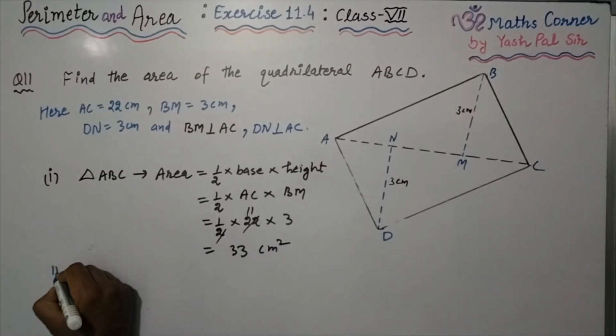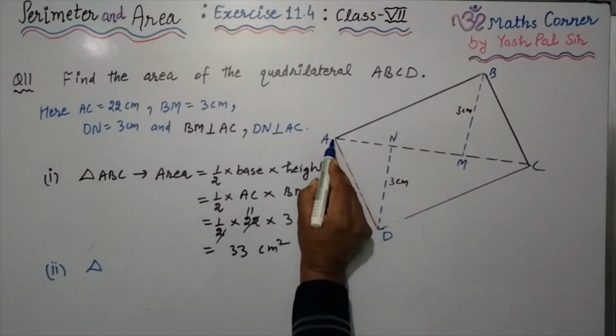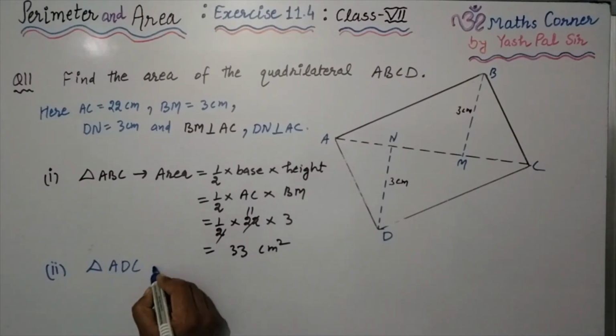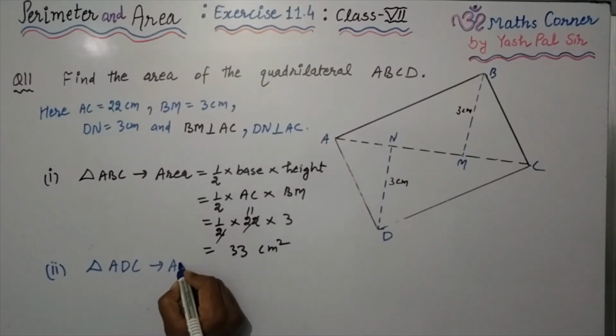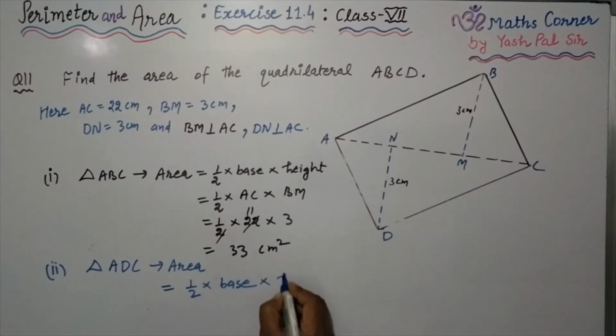Next, second part, we are taking triangle ADC. In this case, area again is equal to half into base into height.